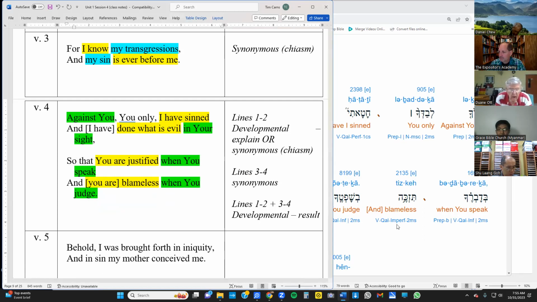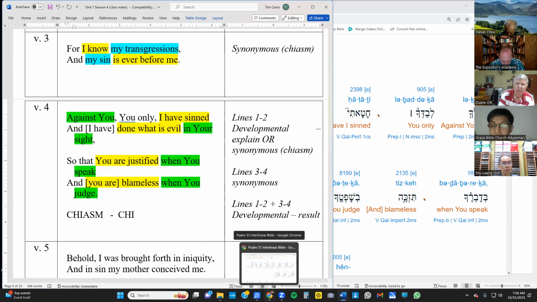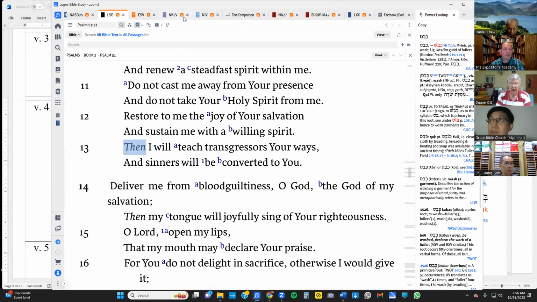Questions on that? How do you spell chiasm? It comes from the Greek letter chi, which looks like, let's see, what will be a quick way to show that. Oh, I see you got it up there, C-H-I-A.